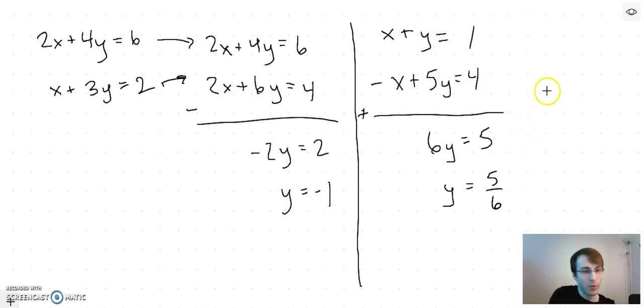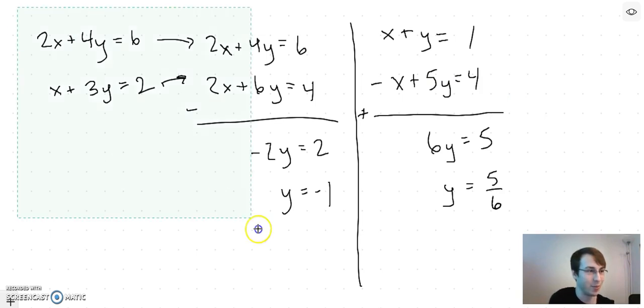Yeah, that's the general idea of elimination here. Why don't we do one more tricky one with not as nice numbers.